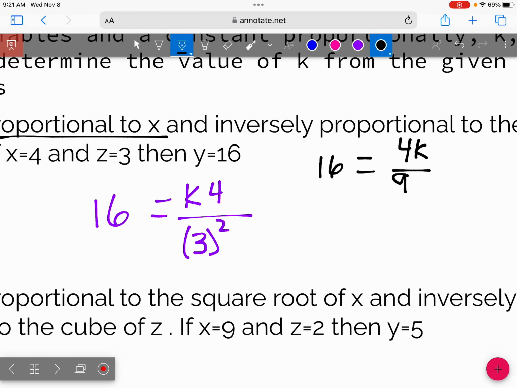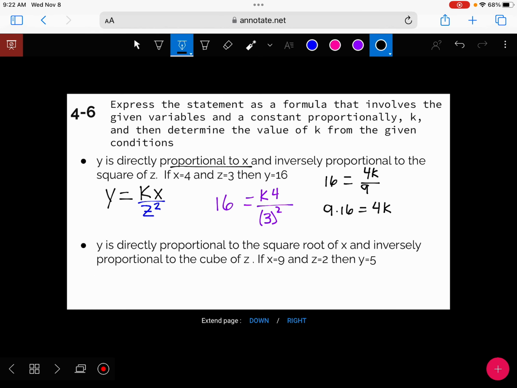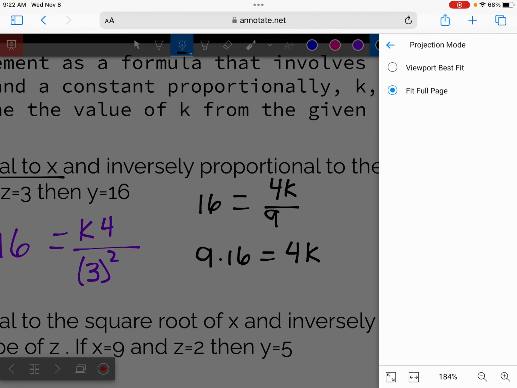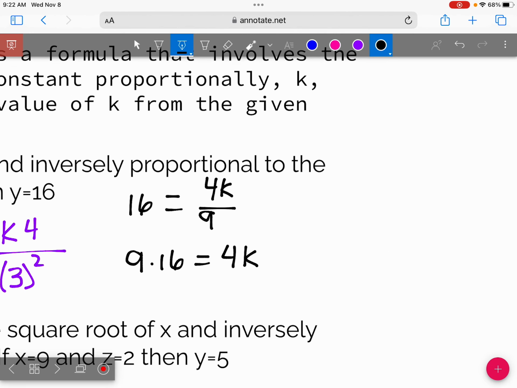I'm not going to actually do that multiplication, though, right now, because I think I can spot something that's going to make my life easier since we know something's going to happen with that 4. So I'm just going to write it as 9 times 16 equals 4k, because what do we need to do with that 4? Divide it. So we're going to take our 9 times 16 and divide it by 4.